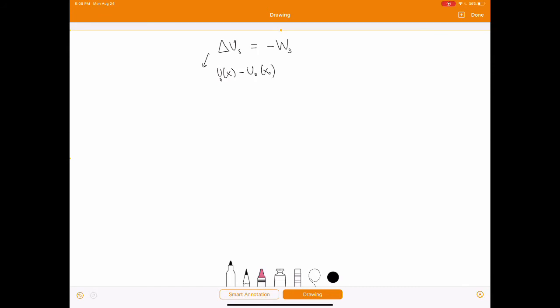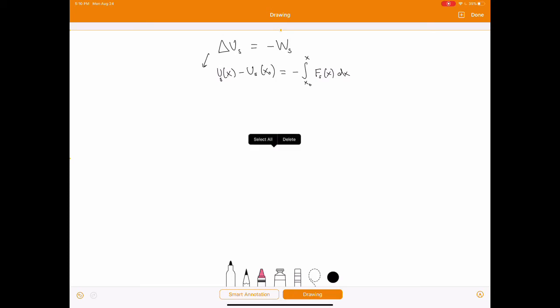So spring potential energy at position x, that'll be final, minus spring potential energy at position x naught, that'll be initial. And then we have minus on the right side. The work is given by the spring force integrated from those same two positions, x naught to x. Okay, so that's how we expand the equation out.